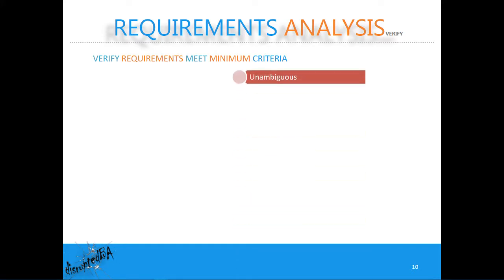The first one is, it must be unambiguous. So there must be one and only one understanding of a requirement with no room for interpretation. If no room for interpretation is something that's very difficult for you to comprehend, then go for the smallest room for interpretation.